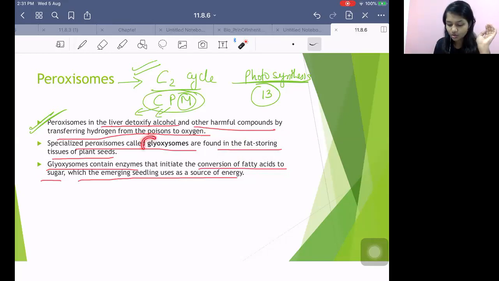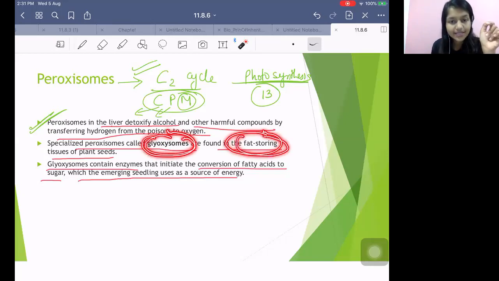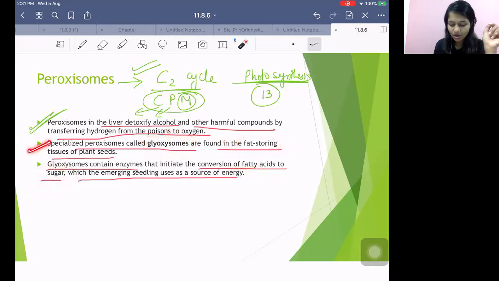So glyoxysomes will have the enzyme which will break this fat and convert it into sugar. Got it? That is glyoxysome, which is nothing but peroxisome in the plants which have more fats.